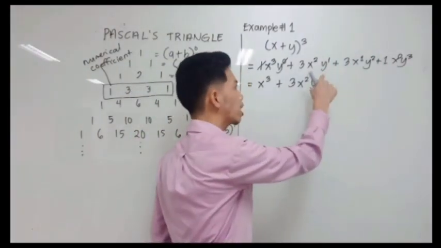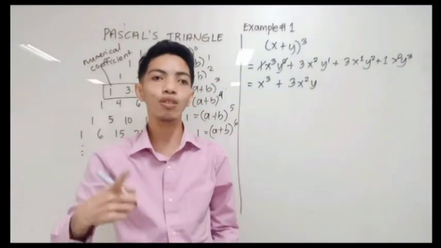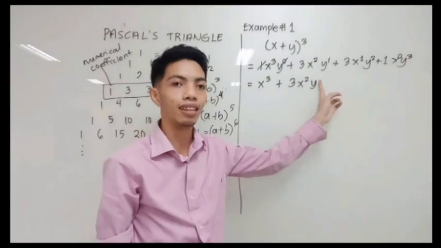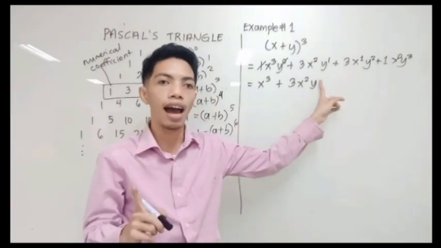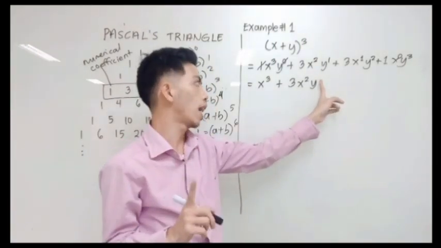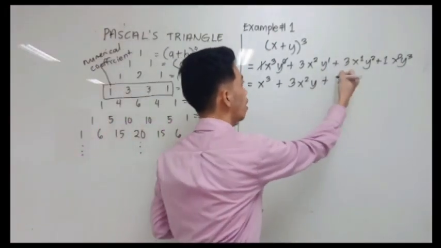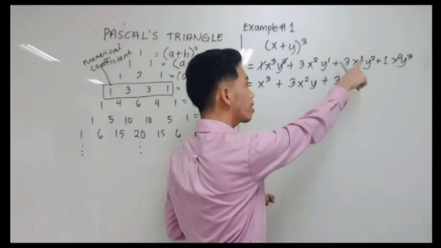Bakit wala ng exponent na 1? Kasi understood na din yun. Kapag wala nang nakalagay na exponent dun sa taas, ibig sabihin understood na ang exponent niya ay 1. Next, you have 3, you have x raised to 1.